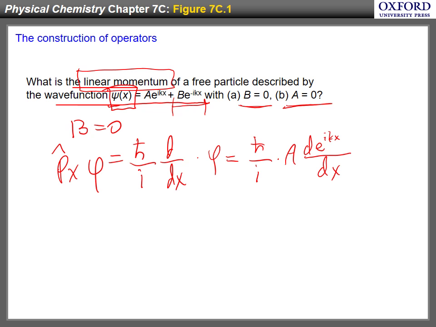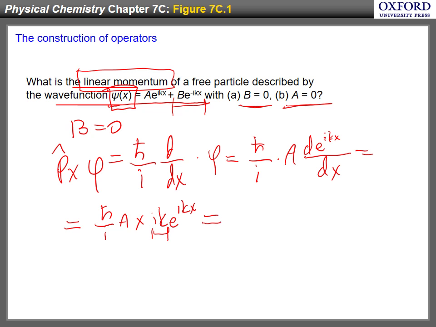This in turn equals h-bar over i times a times ik e to the ikx power. And this is where it gets interesting.